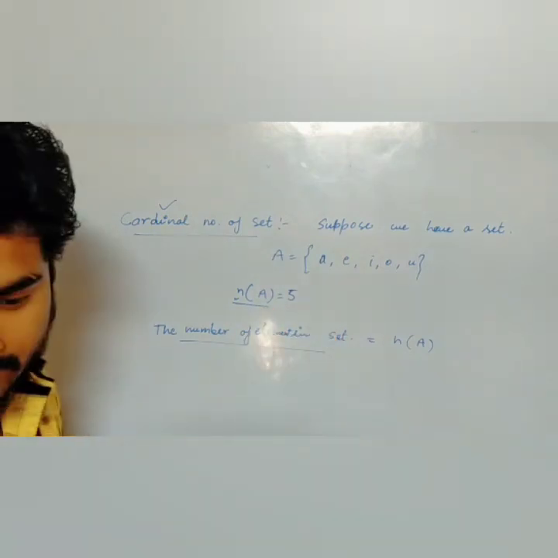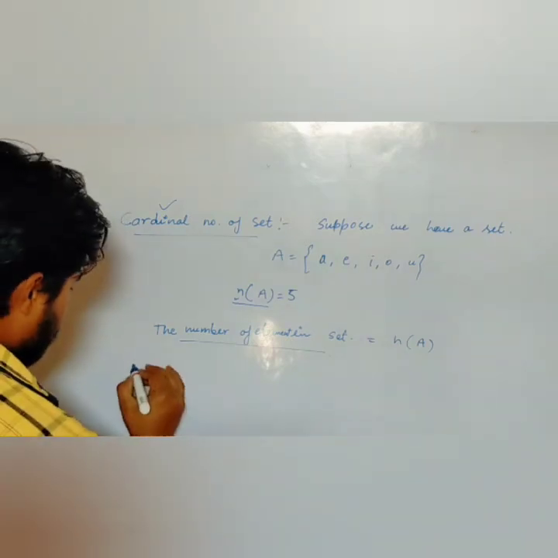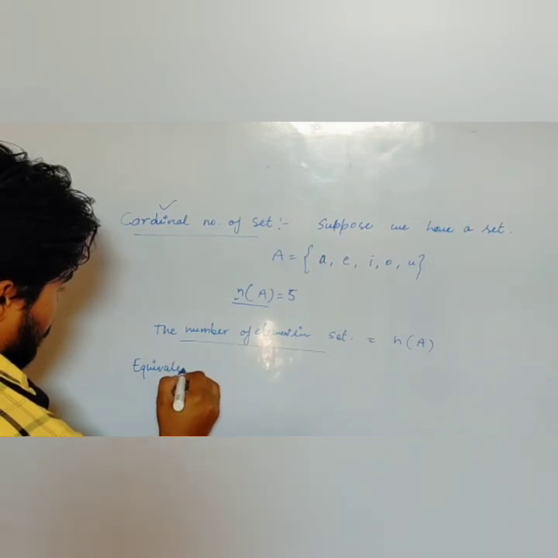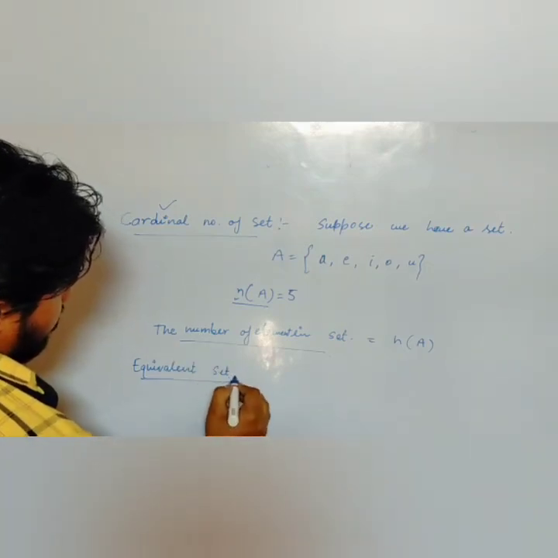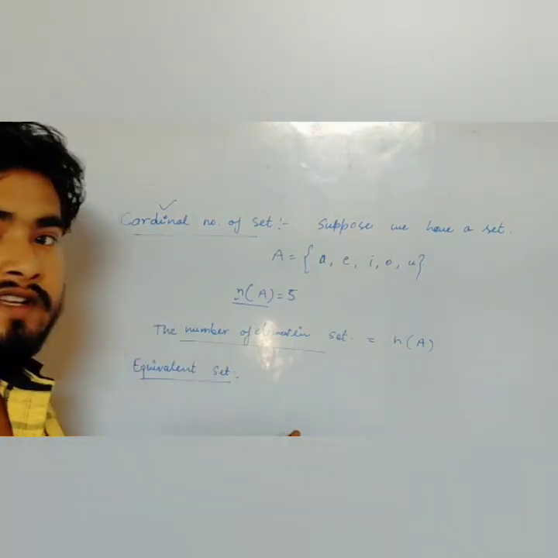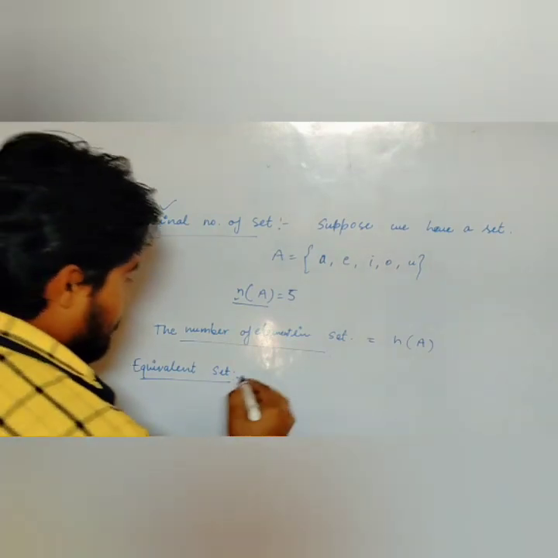And equivalent set. Now we explain equivalent sets. Equivalent sets have the same number of elements.